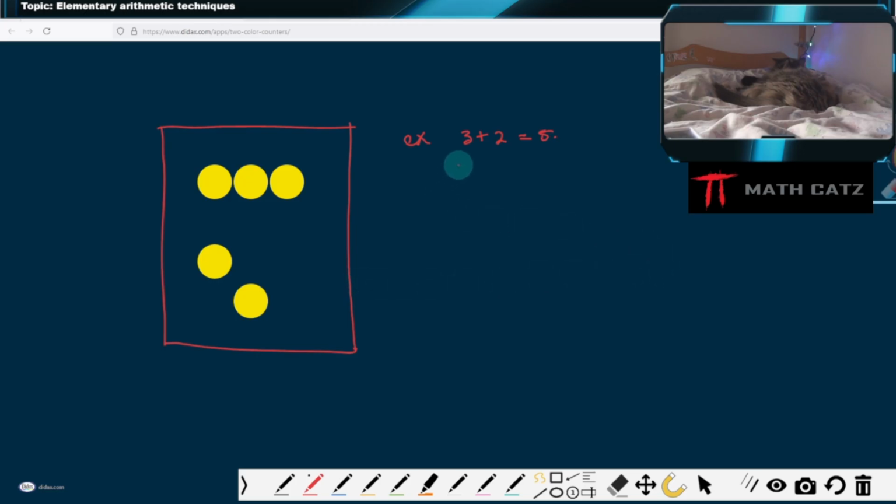And so we have our starting amount. In our example, let's remember we had 3 positive chips to start with. Now we plan, according to the operation, to do what this addition wants us to do.